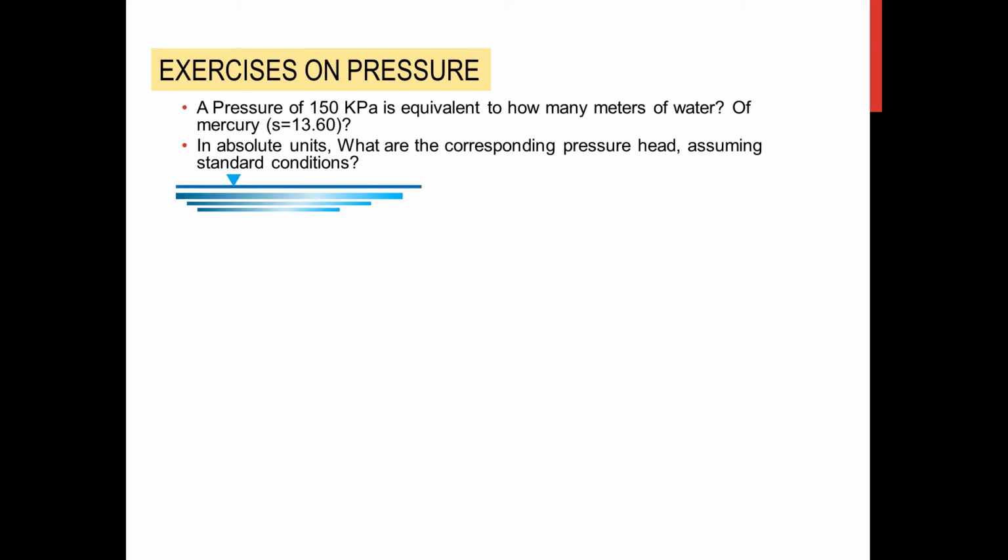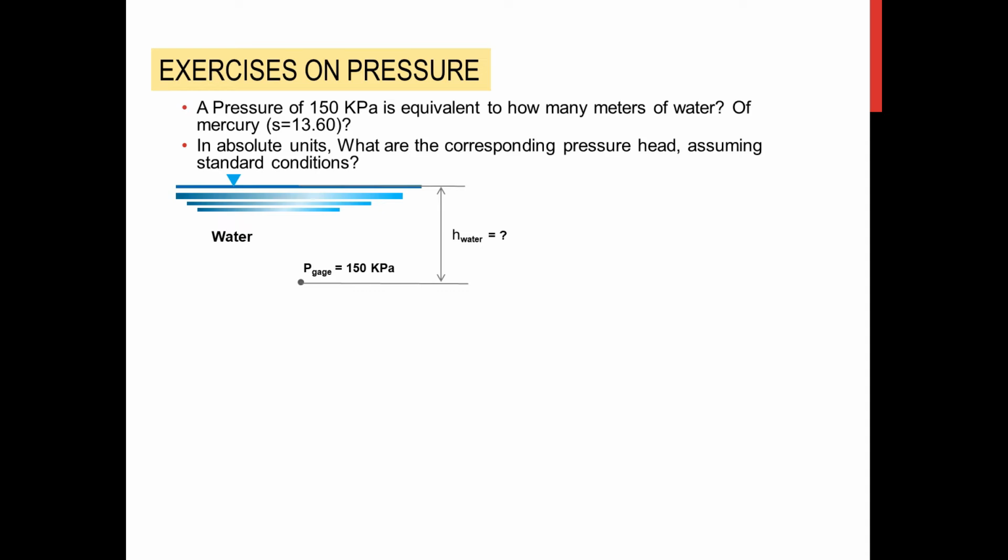Again, we start our solution with the liquid surface of water and the point below that, the head of water, and that head of water is yet to be determined.